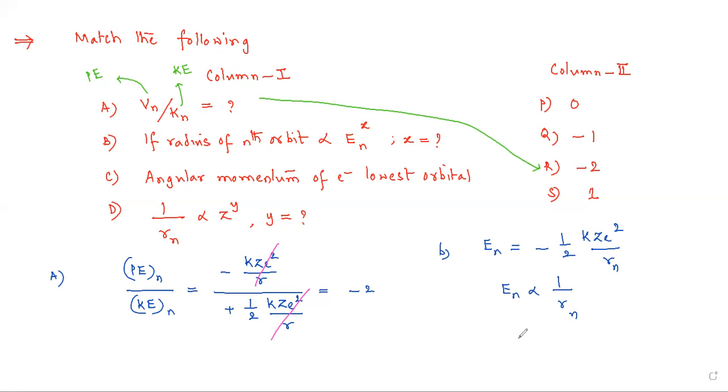Now, if you consider it to be directly proportional, En becomes directly proportional to Rn to the power -1. Now, this same thing can be written as Rn is directly proportional to En to the power -1.